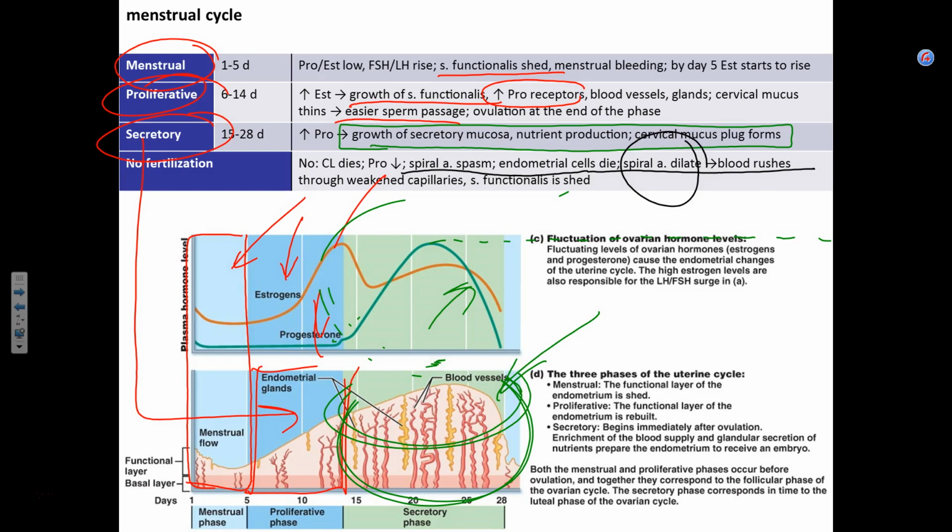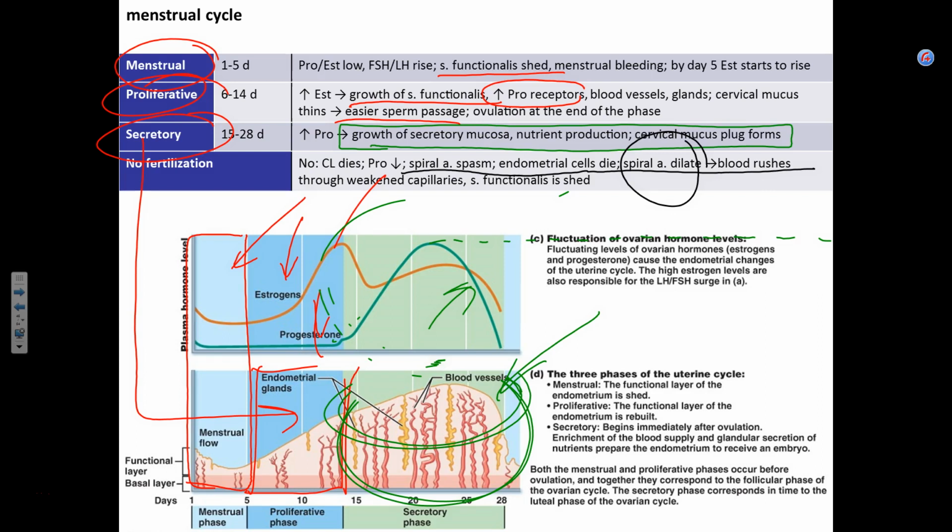Does that make sense? And then the ovarian cycle restarts, estrogen goes back up and stimulates the regrowth of the stratum functionalis, and this whole story starts over. Does that make sense? I think it's pretty elegant.